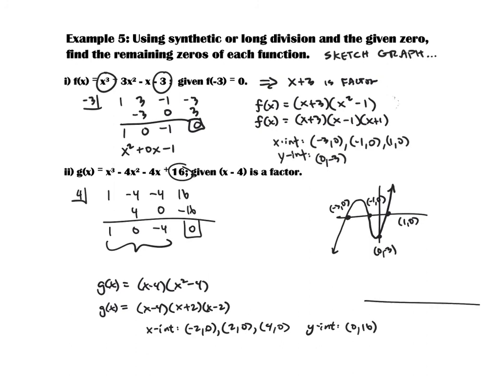And I can sketch the graph. Kind of cubic, similar in behavior. I've got -2, 0, 2, 0, and 4, 0. And a y-intercept, of course not to scale, of 0, 16. It's going to look kind of like this.